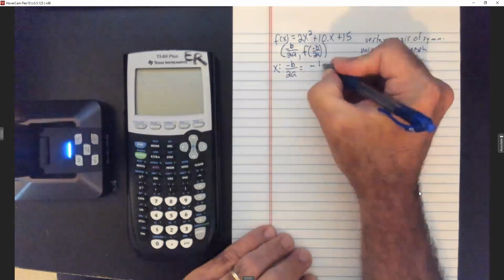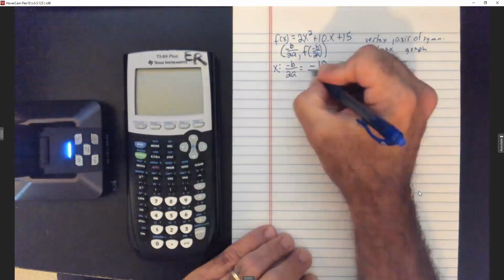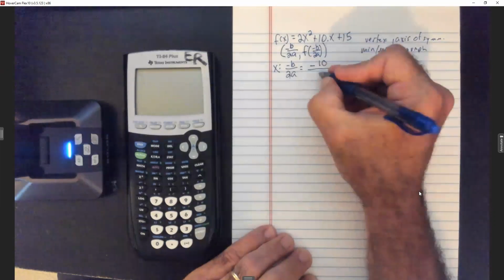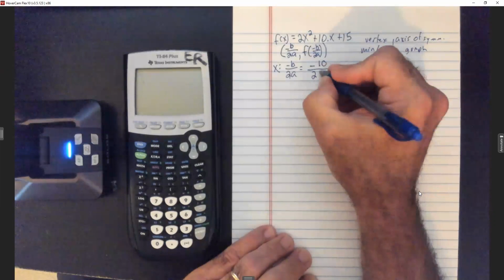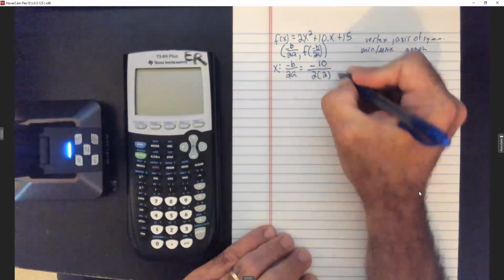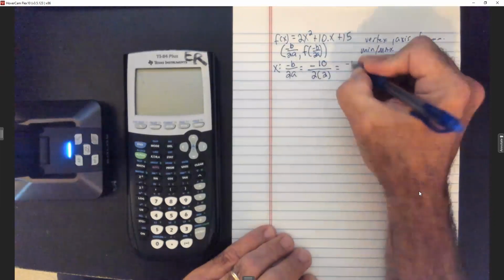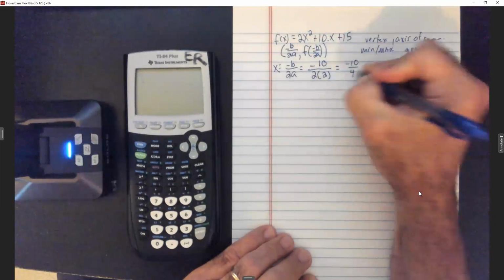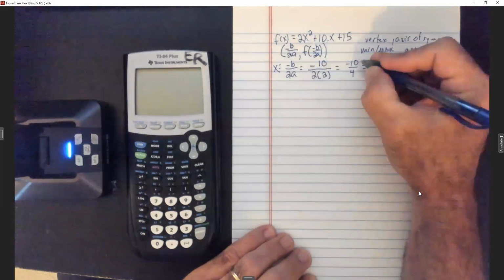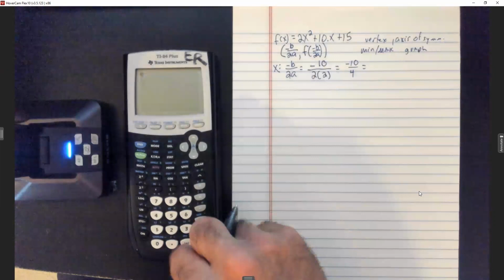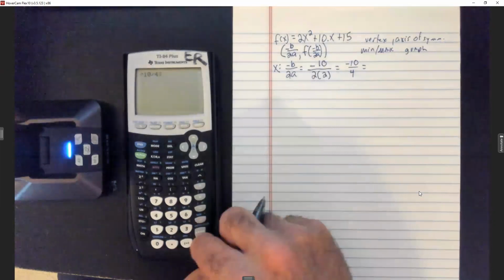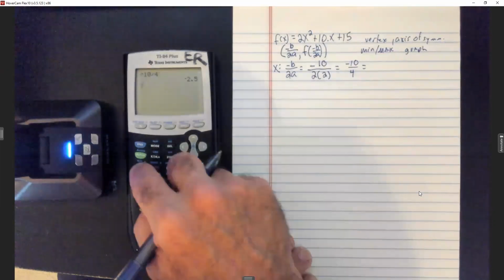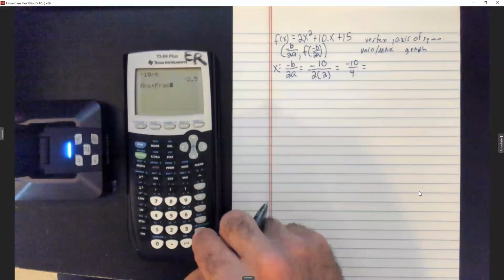So notice that's going to make that sign change every time. Over 2 times a, which is 2. So that gives me a negative 10 over 4. Let's see, we can reduce that. Negative 10 divided by 4 is going to give me a decimal, and then hit math and enter twice. And it reduces to negative 5/2.